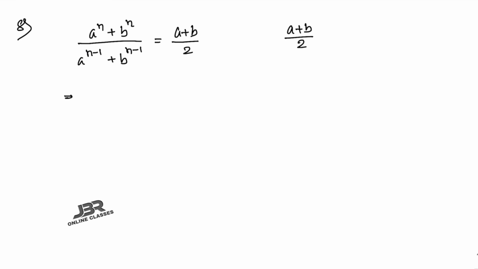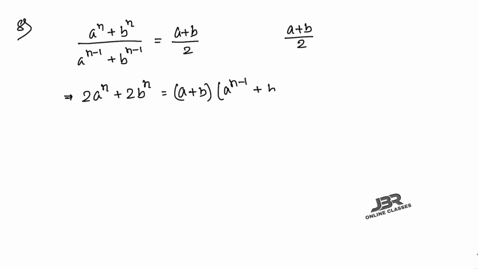So here again cross multiply. So 2 into a to the power n plus 2 into b to the power n equal to a plus b multiplied with a to the power n minus 1 plus b to the power n minus 1. So here you can write down 2 a to the power n, 2 b to the power n.